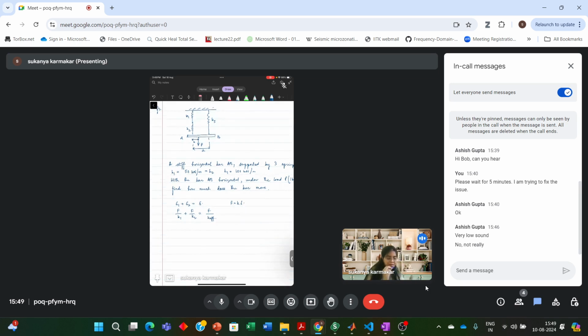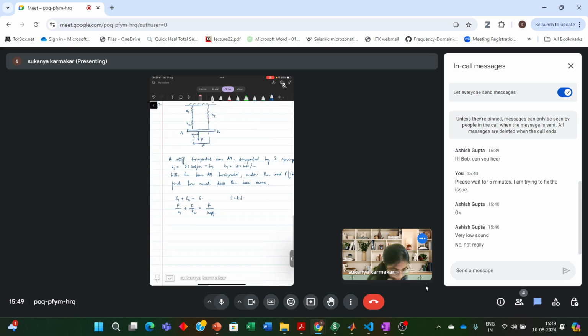Since the springs K1 and K2 are in series, the forces are equal. So here K equivalent is the equivalent spring constant. Just plug in the numbers and get the value of K equivalent. 1 by K equivalent is 1 by K1 plus 1 by K2.